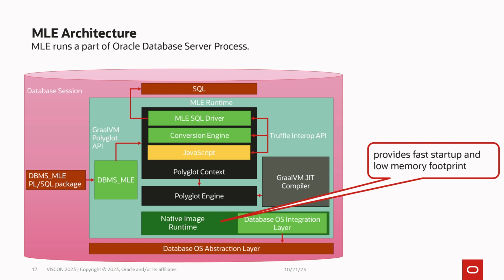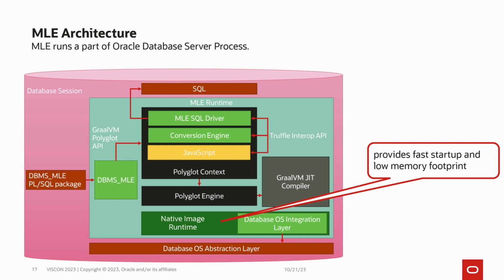But the most interesting part in this integration is this bottommost layer. This is where your native image runtime integrates with the database OS abstraction layer. We have already said that native image has nice properties: fast startup time and low memory footprint, which is something you need in a database session. When you create a new database session, you don't want to spend a lot of time creating your Java objects.